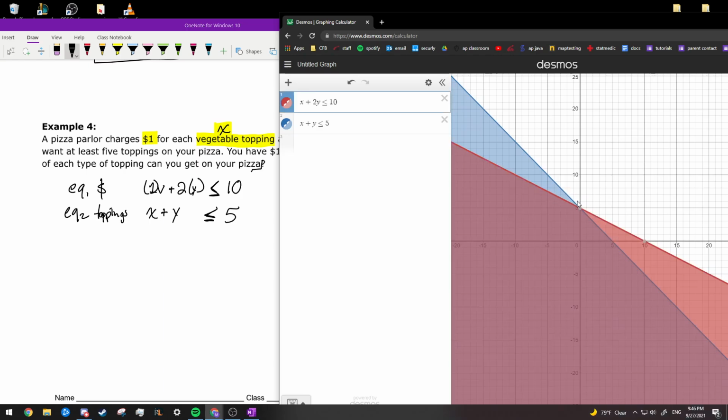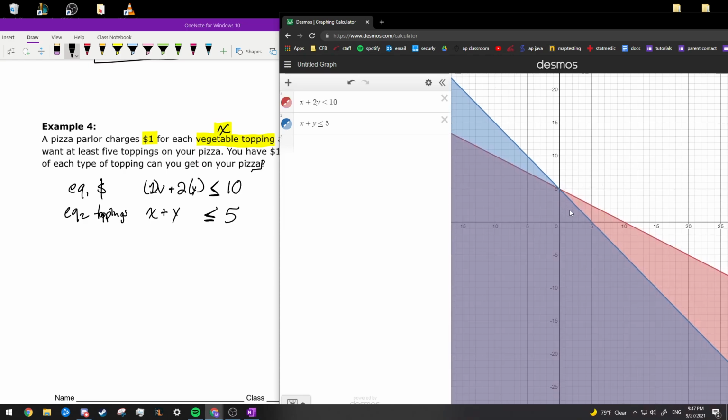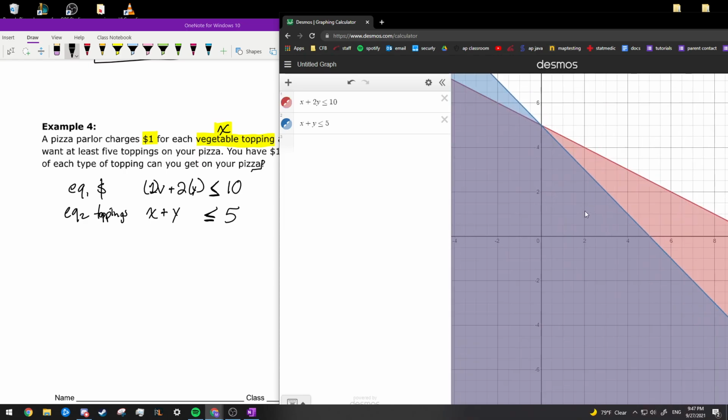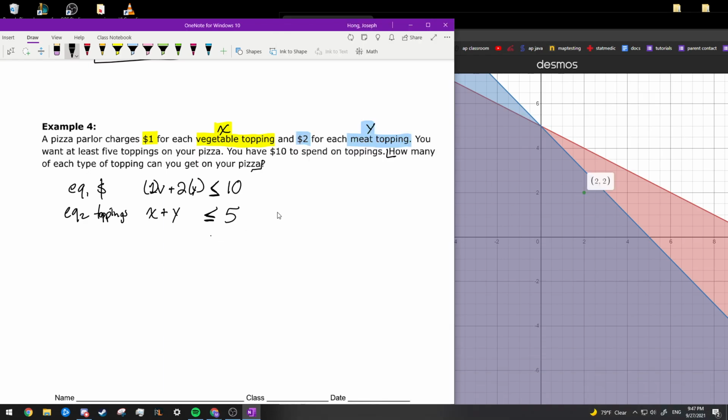So it looks like my answer is double shaded right here. I can choose anything in here. So I can even do 2 comma 2. This is part of my solution. So how many of each type of topping can you get on your pizza?